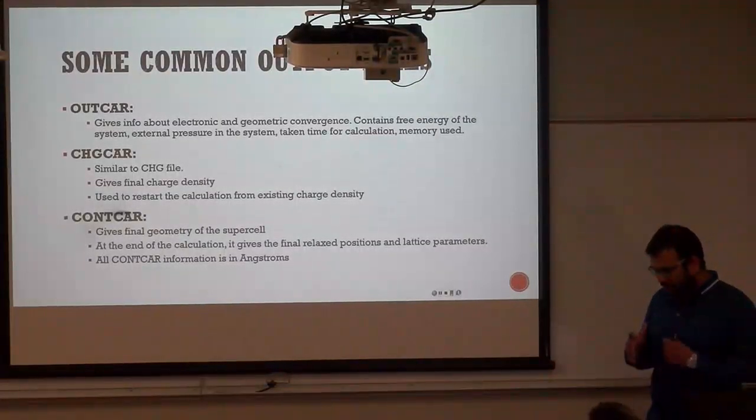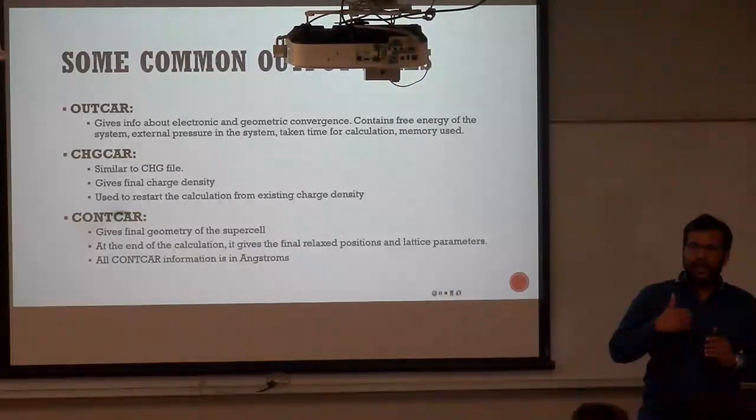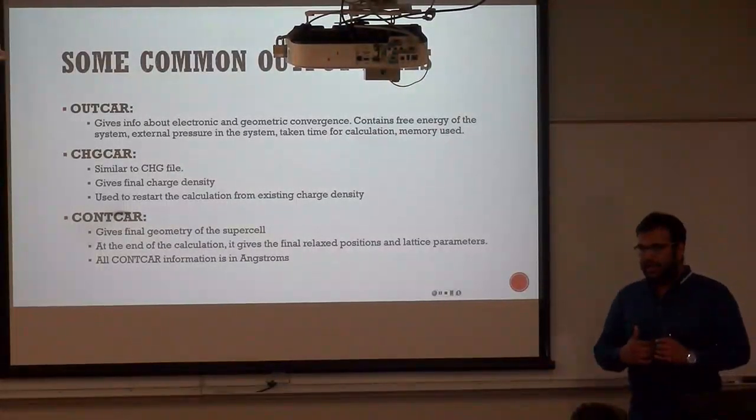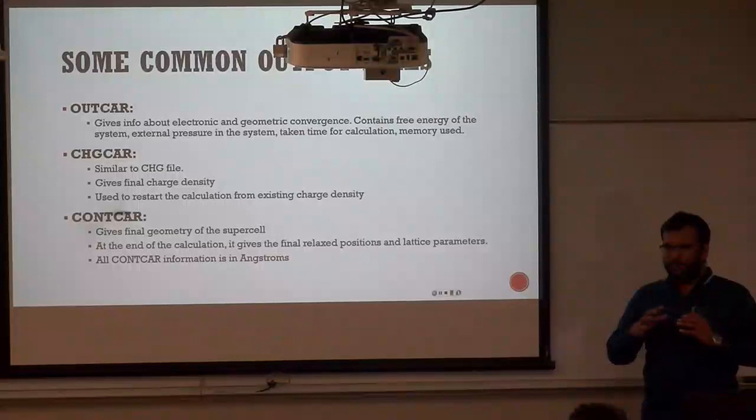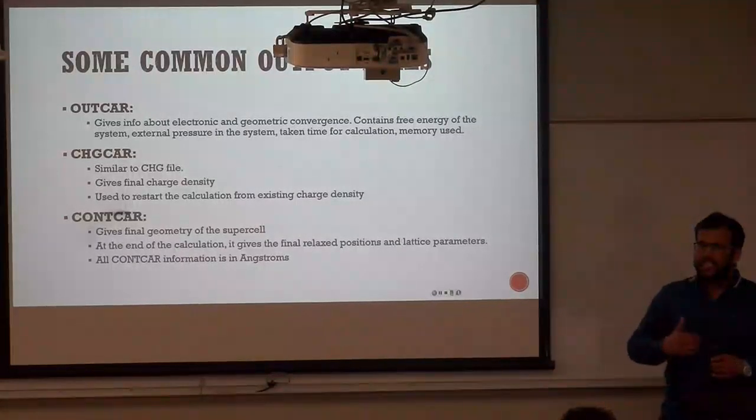The POSCAR file is used for the input, and in the POSCAR file you give the positions of the atoms you are using for your structure, that is the initial structure, the initial positions.